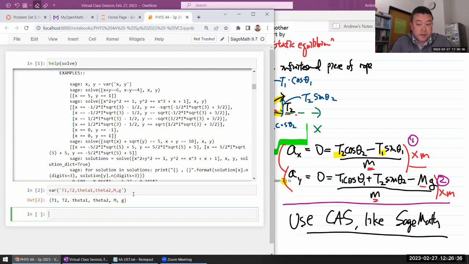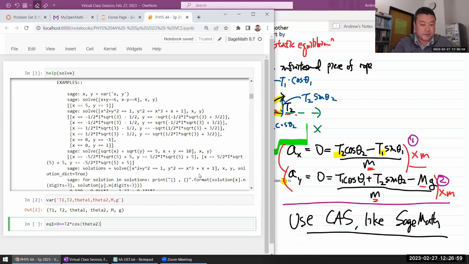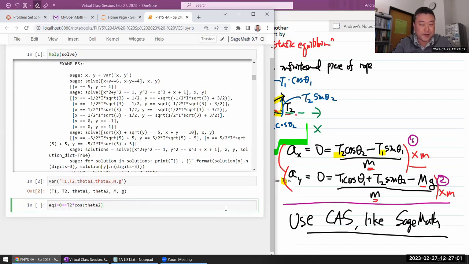Let me write down my first equation that's based on the x direction, equation 1. That's going to be, so this is an assignment symbol, and the equation will be 0 is equal to, this is the equal to symbol, T2 times cosine of theta 2. SageMath knows these special functions, and there's documentation that you can look up to figure out which functions it already knows and whatnot.